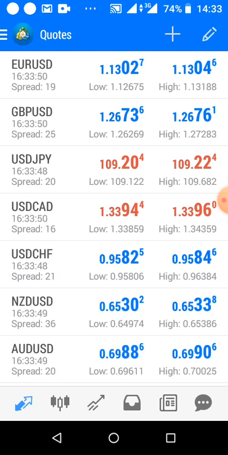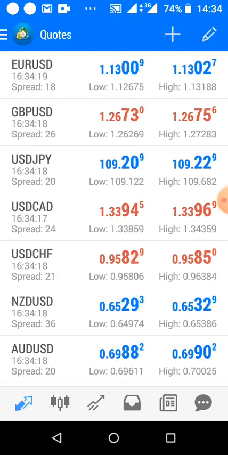And before I go ahead, I'd like you to understand what we mean by currency pairs. If you look at this quote window, you will see the very first currency pair, the first row here, with the abbreviation EURUSD.